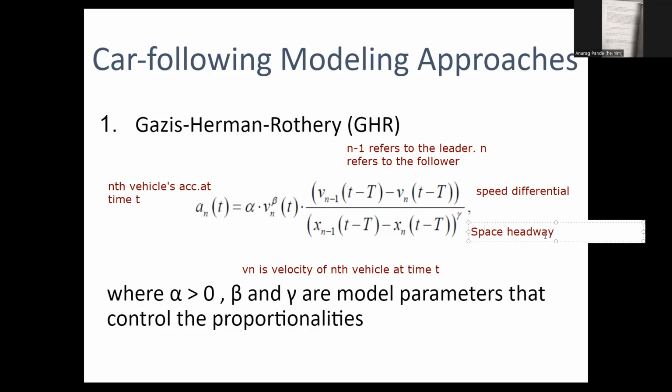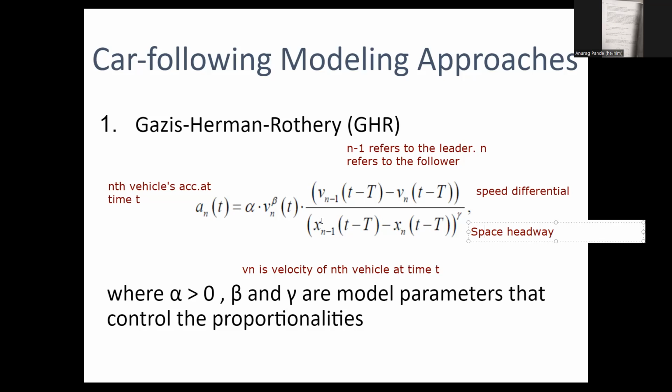Now this T minus T business is useful also, because what we are saying is the nth vehicle's acceleration at time t will be proportional to the speed differential divided by the space headway. So as the speed differential increases, the nth vehicle would have to accelerate more or decelerate more, depending.